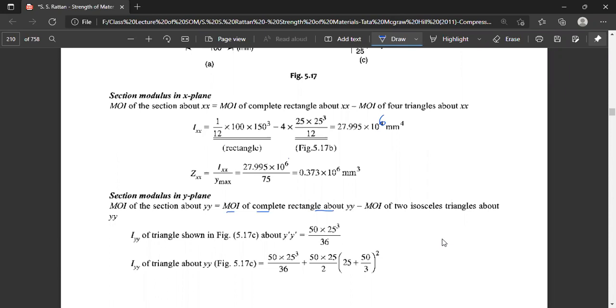And Iy of the triangle about the yy axis is the same moment of inertia plus the area of the triangle, half base into altitude, means 50 is the base, 25 is the altitude, divided by 2, multiplied by the square of the distance from the axis under consideration, which is 25 plus 50 by 3, which is given here.